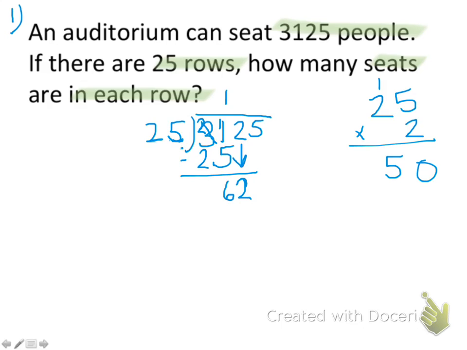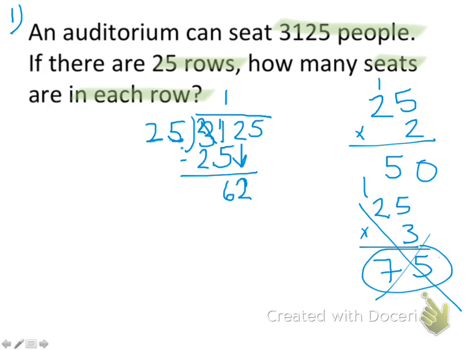Okay, well, can we put another 25 in there? Let's check. 25 times 3. 3 times 5 is 15. 3 times 2 is 6, plus 1 is 7. It's 75. And because 75 is bigger than 62, we know we can't do it 3 times. We can only do it twice.